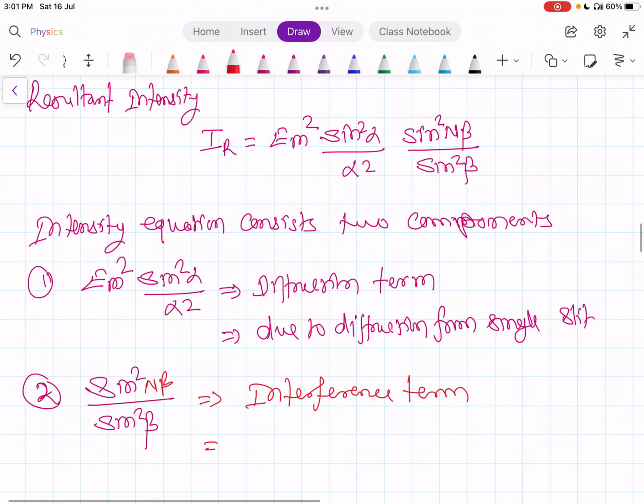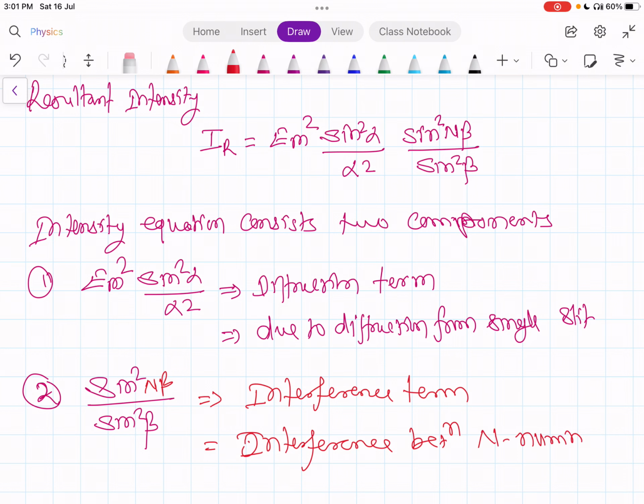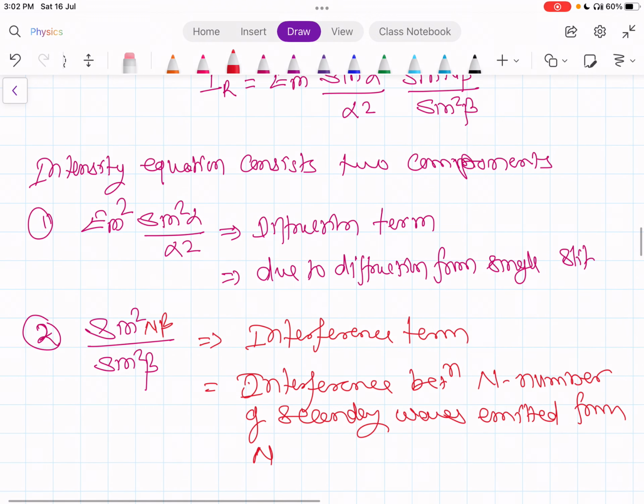And this is because of interference between n number of secondary waves emitted from n number of slits.